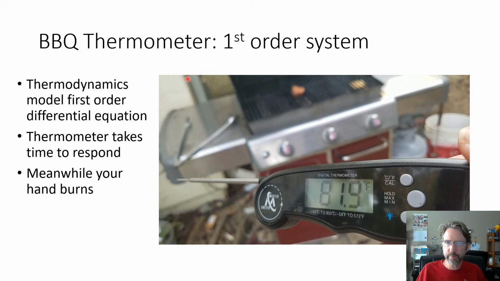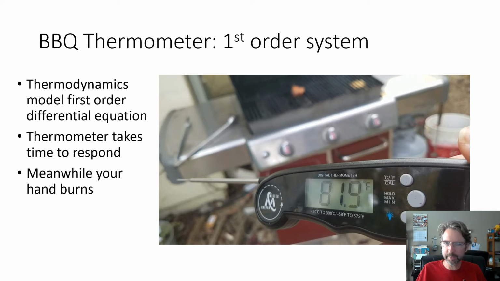So a good example of a first order system is a thermometer, because thermodynamic equations are first order systems. If you've ever used a thermometer like this, you poke it into the meat that you're cooking, and it takes a little while to respond. And if you're holding that over a fire, it can be hot. So it's important to know how fast your barbecue thermometer responds if these are what you're designing.